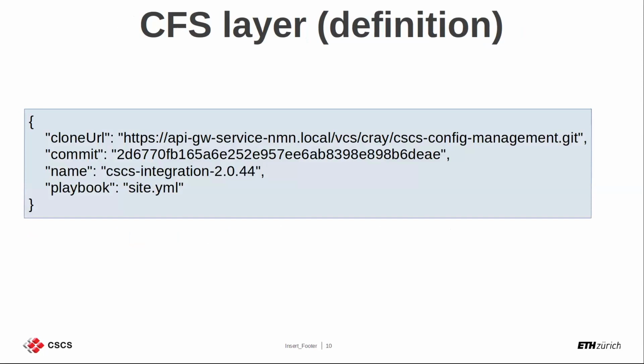So what does a CFS layer look like? It's a JSON. This is a simplified version of a CFS layer. There are more fields, but these are the most important ones. You have the URL where your Ansible scripts live. You have the commit ID, then the name you want to allocate to the layer, and then the playbook, which is the Ansible playbook you want the CFS session to run.